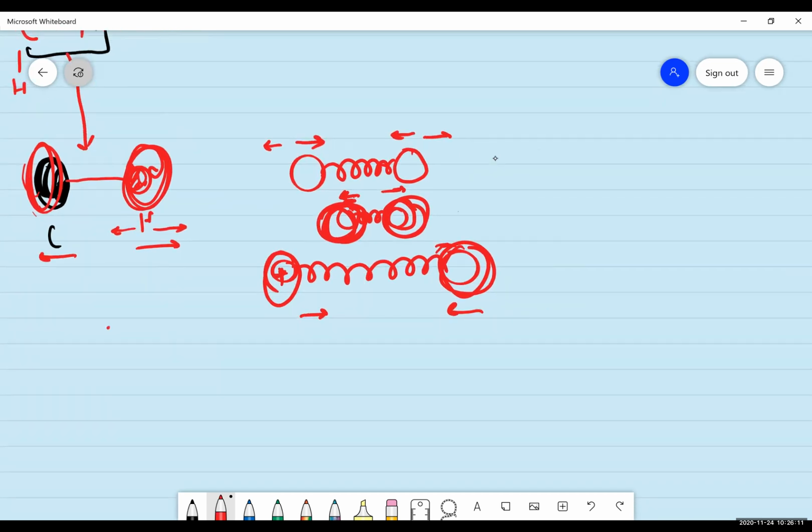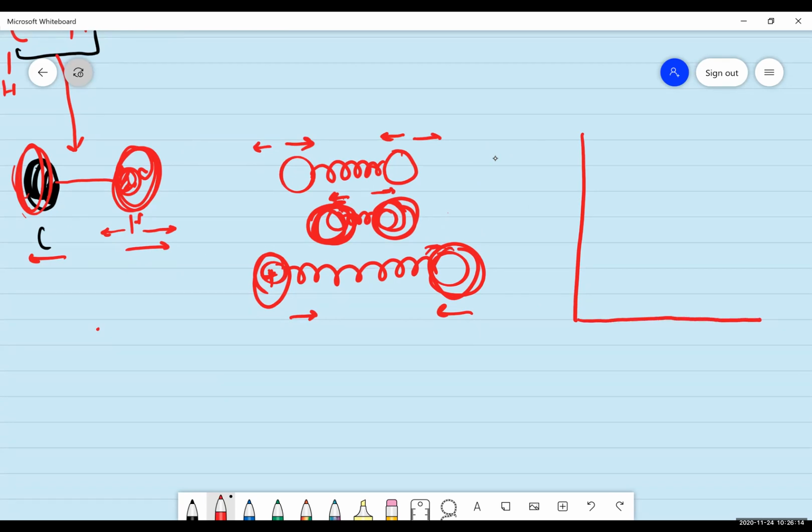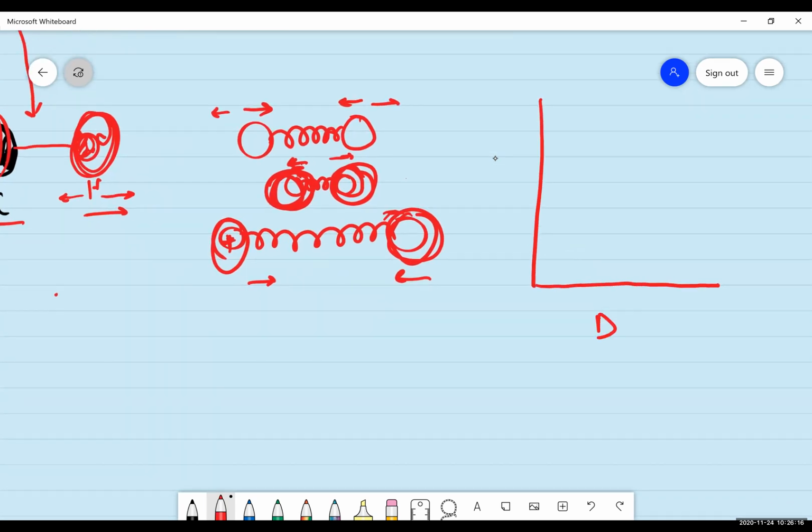Okay, so if we plot this behavior, this is the distance between the nuclei, the distance between two atoms in a bond, and this is the force. So that's the attractive force, how much they attract each other.